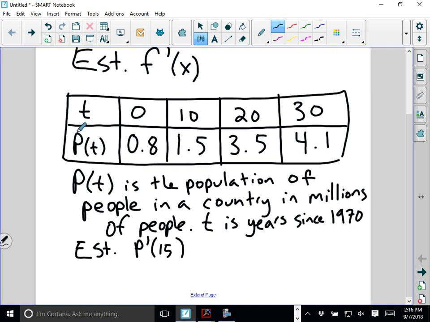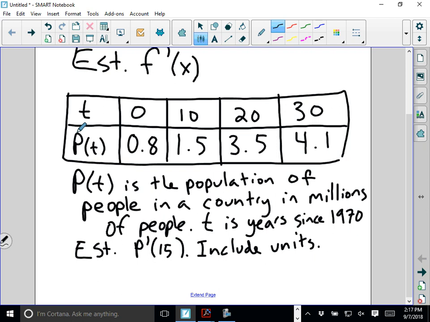I want you to include units. And then at the end we'll talk about, again, this won't be on the test on Wednesday, but we also want to talk about what does that mean, right?